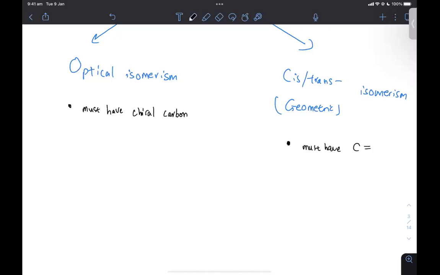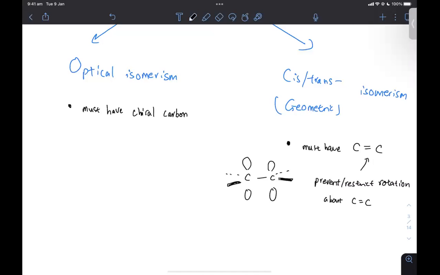Must have carbon-carbon double bond because then you will restrict the rotation. If you remember about your pi bonds, this is a double bond, so you cannot really rotate. So it's a trigonal planar center, right? If you think about your hybridization, it is an sp2 carbon, but then there is 1 p orbital, which is unhybridized.